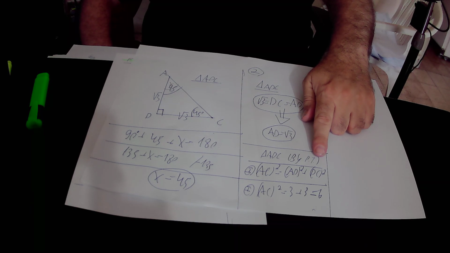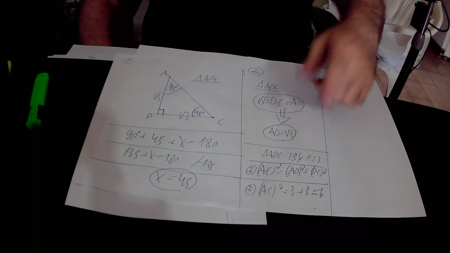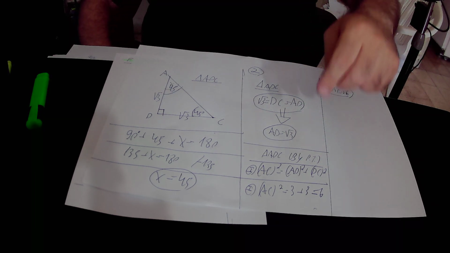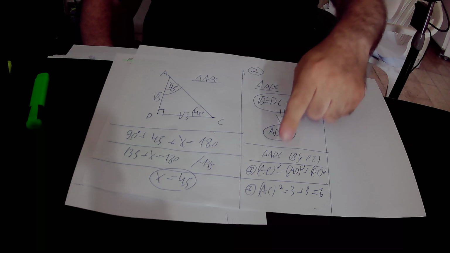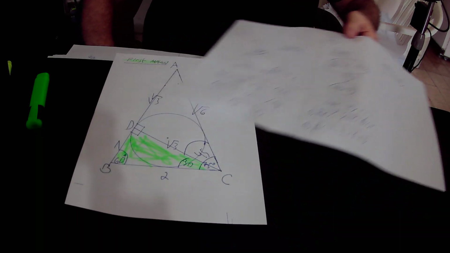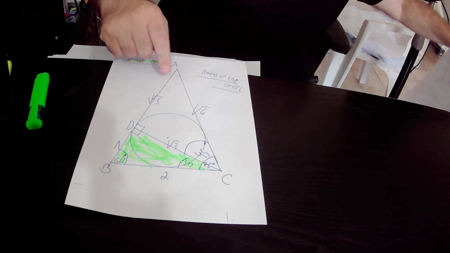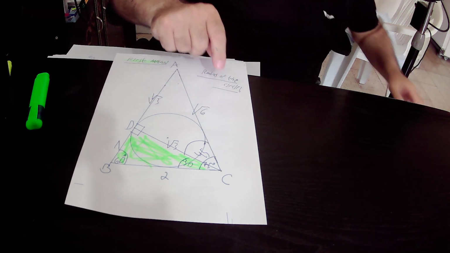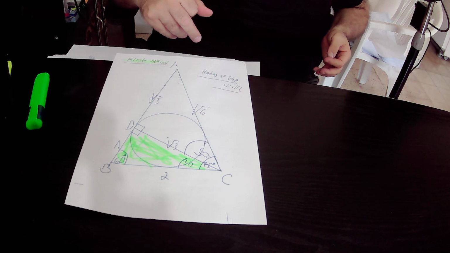DC is square root of 3, so DC square is 3. So in conclusion, AC square equals 3 plus 3, that is 6. We took the square root of this equation and found out that AC equals the square root of 6 units. Here, AC equals the square root of 6 units.